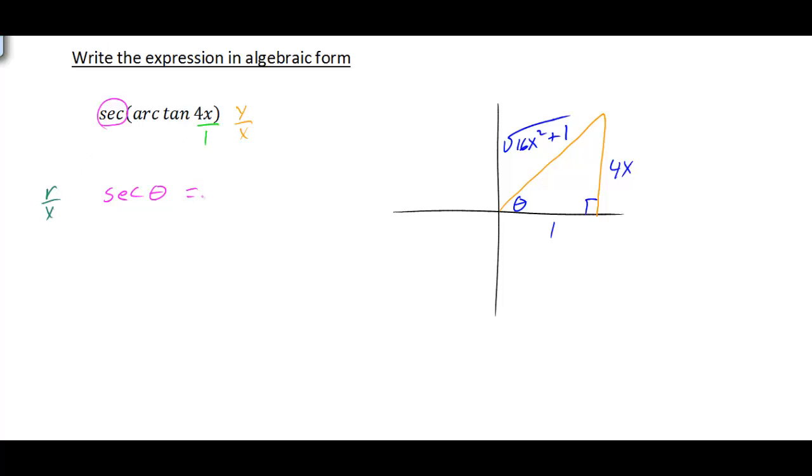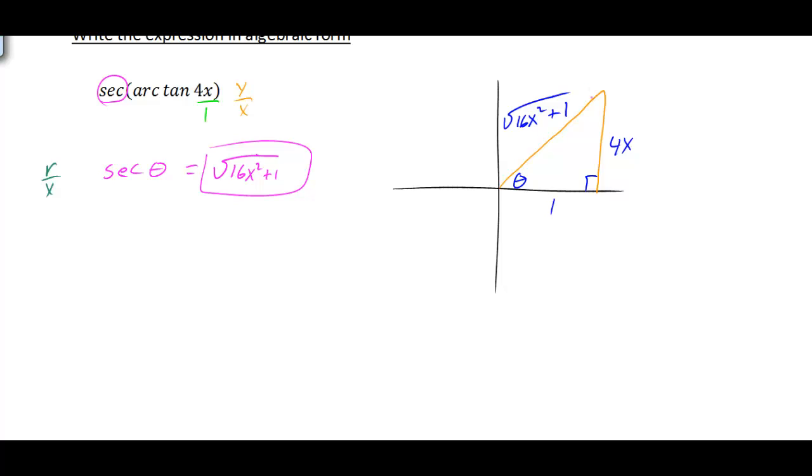So in this case, we would end up with the square root of 16x squared plus 1 over 1, so that's our answer. Now, you're going to find this useful the further we go along here with looking at some of our integration a little bit later on, or taking derivatives. So make sure you understand here how to draw and label your right triangle.